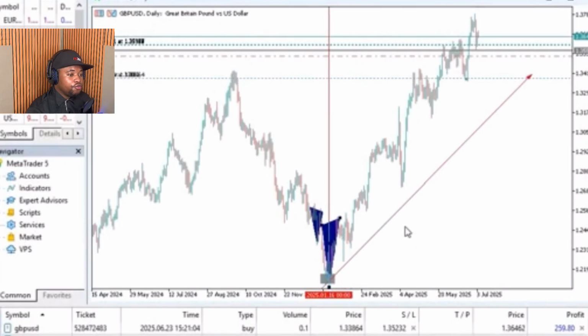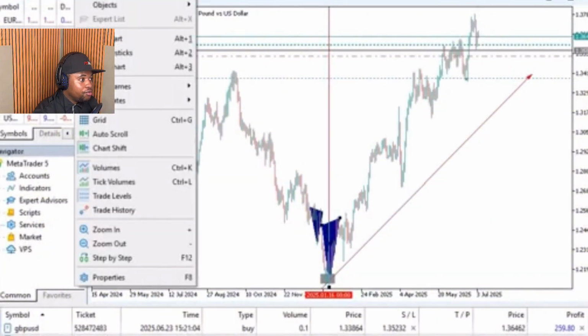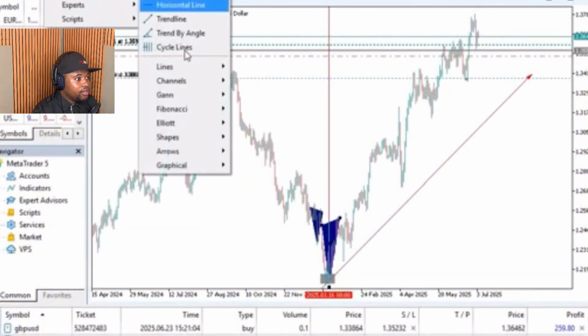Don't worry guys, if you do not see it clearly, we'll zoom in so you can see it clearly. The aim is to actually help you understand everything.